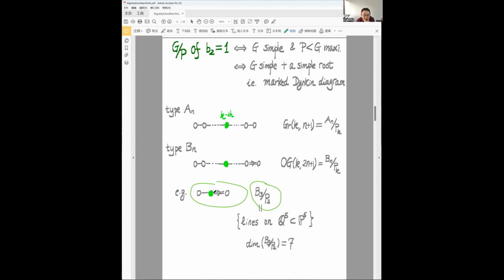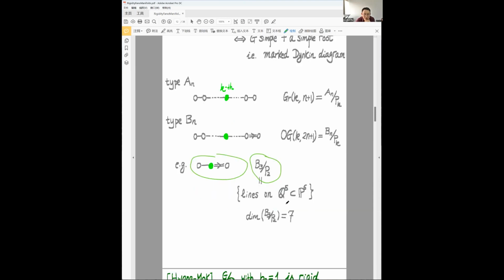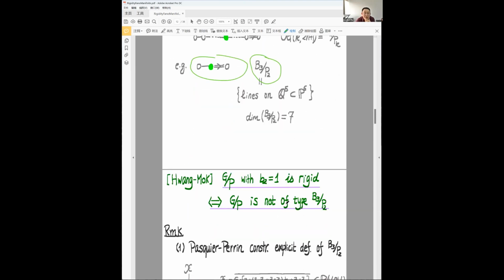If you look through this, it parameterizes lines on this Q5, the 5-dimensional hyperquadric. You can compute this dimension is 7, so you get a 7-dimensional variety, and this will appear later on as an exception. So I will talk about this.